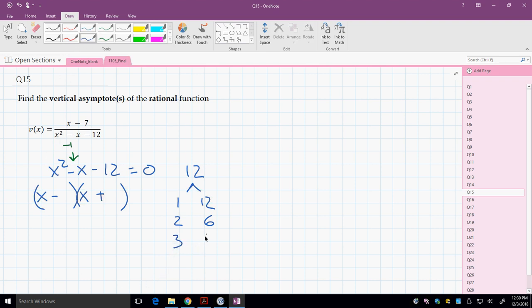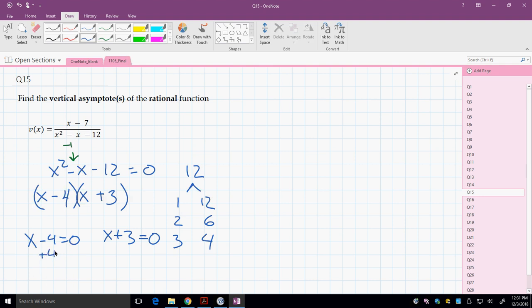So we have 3 times 4. If we subtract them, we get 1. So I need to place the higher number first because I need to match the sign, and then the 3. So my vertical asymptote, to find it, I need to equal each parenthesis to 0 and solve for it.